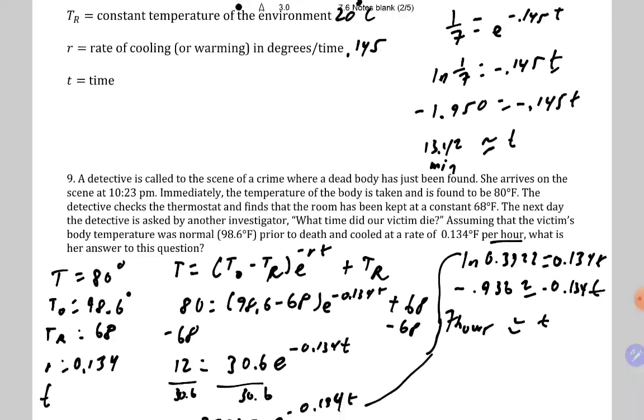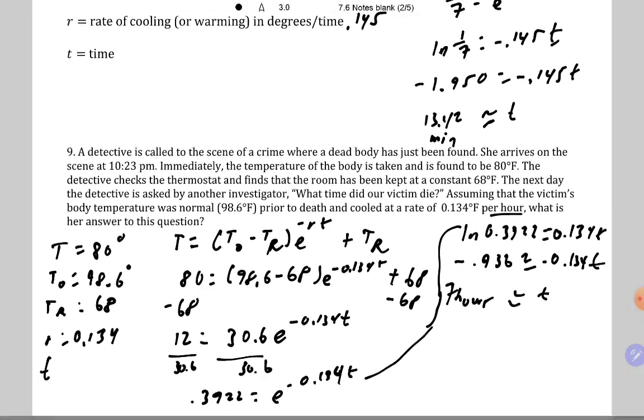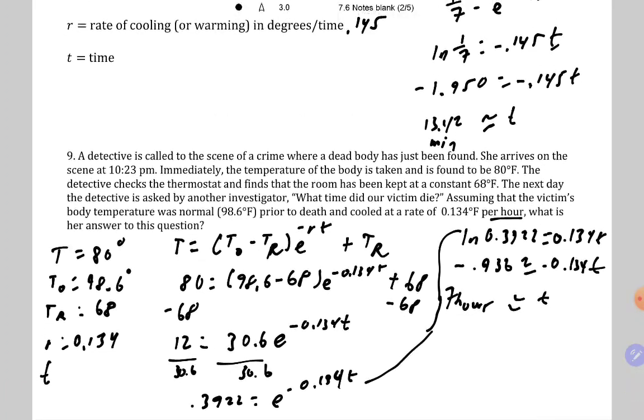So the rate of cooling is per hour in this case. So t is about 7 hours. So since the detective took the time at 10:23 p.m., we just subtract 7 hours. So the person died around 3:23 p.m.